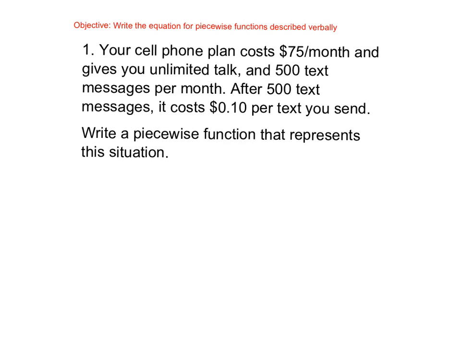So piecewise function, so I'm going to say cost in terms of T, just for text messages. So we're going to start off with $75, right? And you get 500 text messages per month.